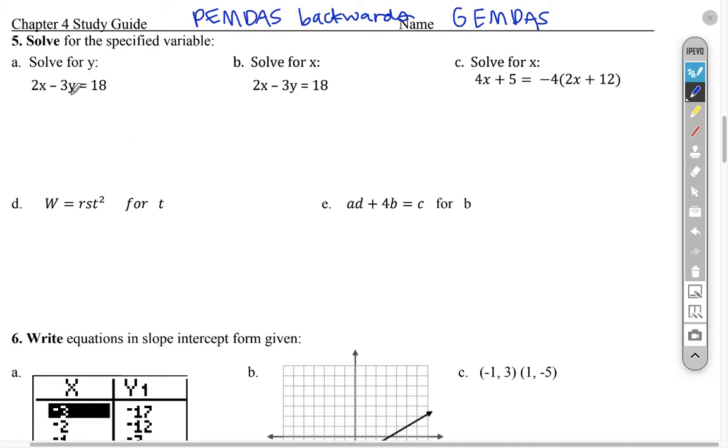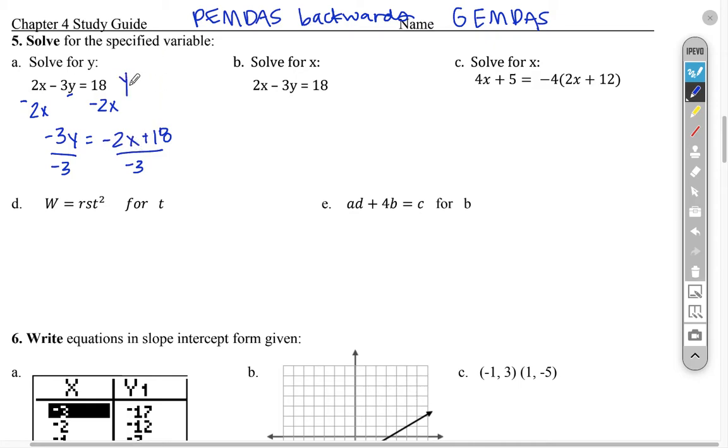All right, so we're solving for y. So the first thing we need to do, subtract 2x. We have negative 3y equals, let me write it the other way, negative 2x plus 18. We want y alone, so we're going to divide by negative 3.